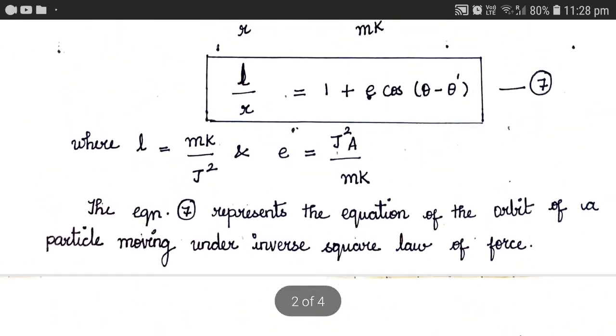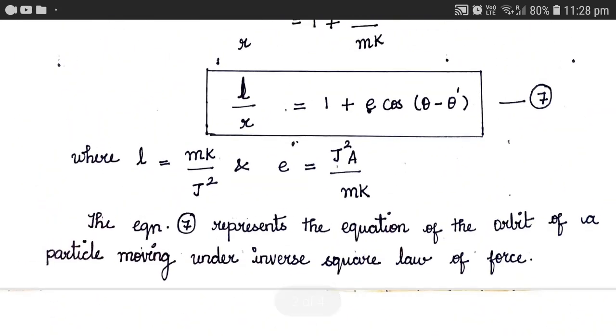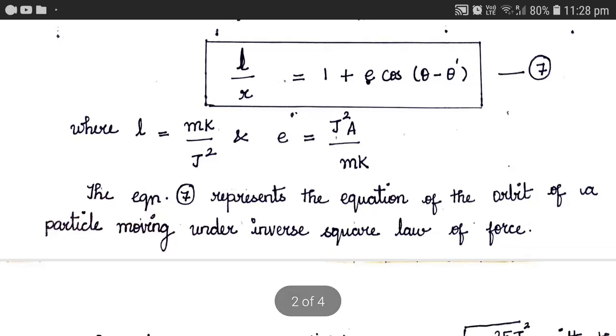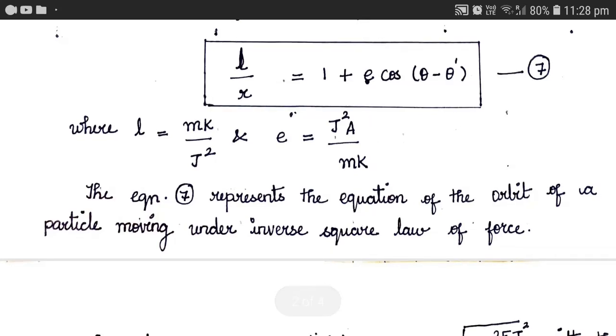So this equation 7 is identified as the general equation of a conic section with the focus at 0, that is at the origin, and it has an eccentricity E.